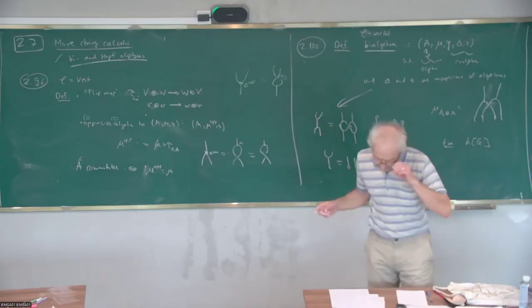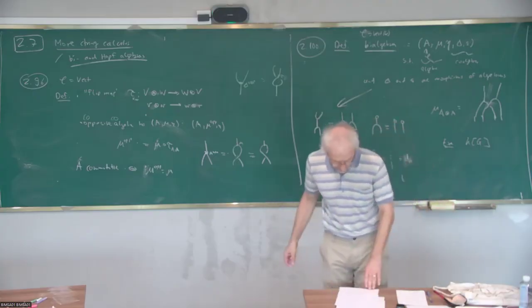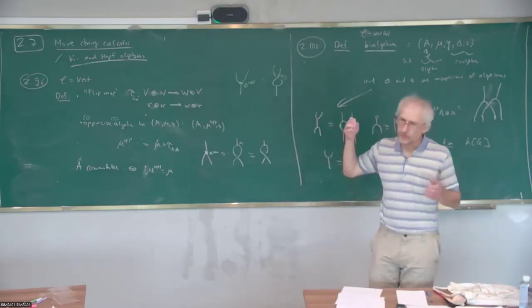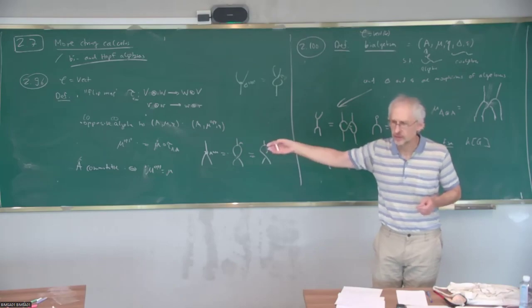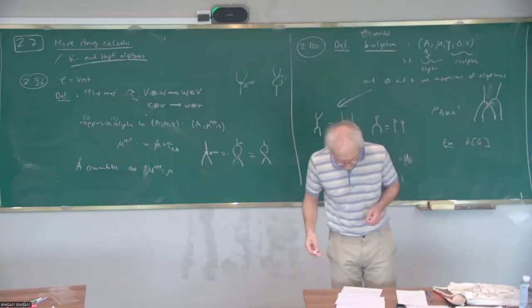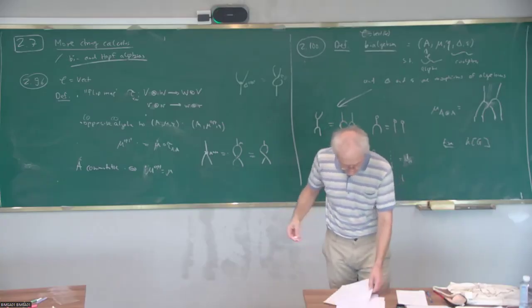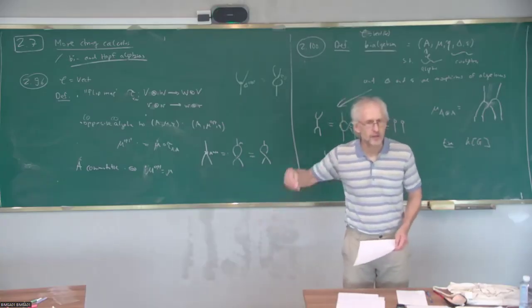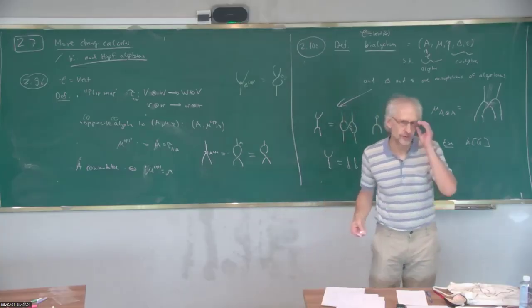Now, we have seen in example 188, for example, that for bimodules of an algebra, we have a tensor product. And in particular, if the algebra is commutative, this gives us a tensor product of modules.